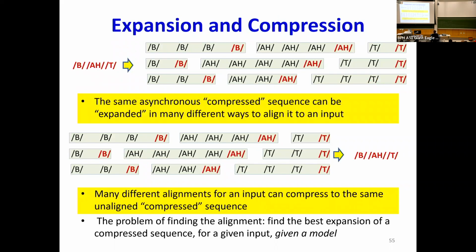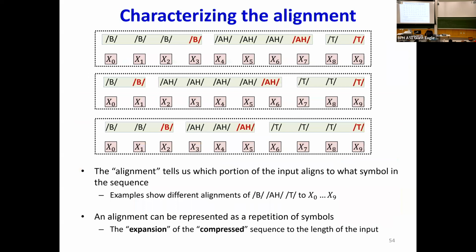And similarly, there are many different ways of expanding a given symbol sequence, right? And similarly, if I give you an expanded symbol sequence, which is time synchronous with 1 symbol for every time instant, I can collapse it back to a compressed sequence by eliminating the repetitions. So an expansion would be something of this kind. If I have something like but, this is an expansion.